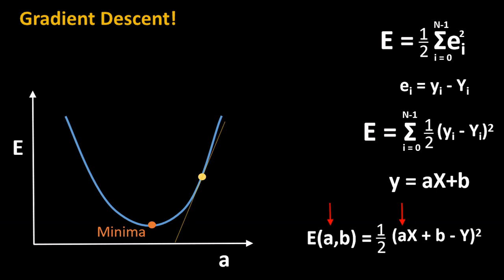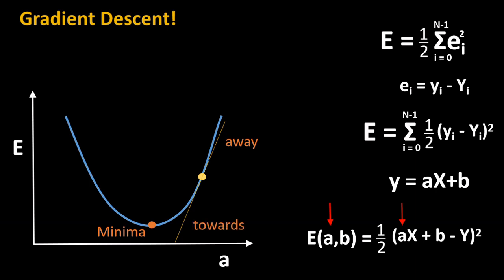And this factor allows us to determine whether we need to increase the parameter a or decrease it in order to achieve our minimum. Now consider a case when the point is on the right side of the minima as shown here. If we increase the value of the parameter a, then we will go away from our minimum, and if we decrease the value of parameter a, then we will move towards the minima.